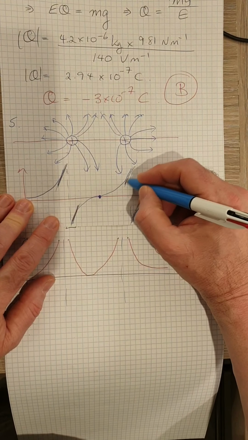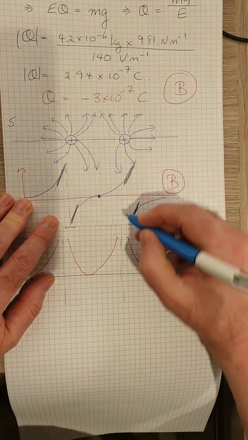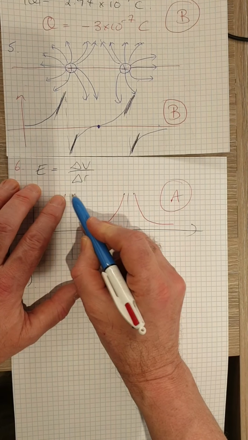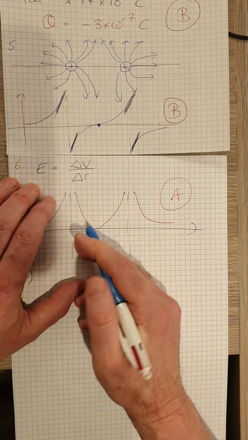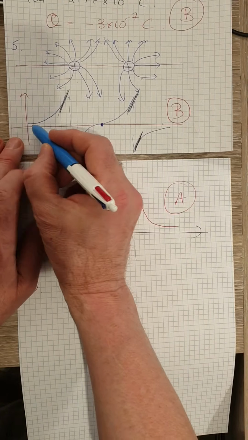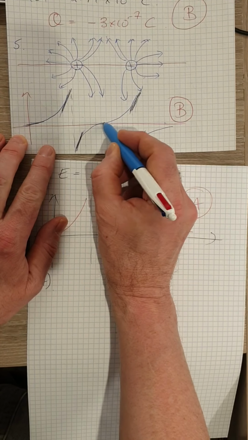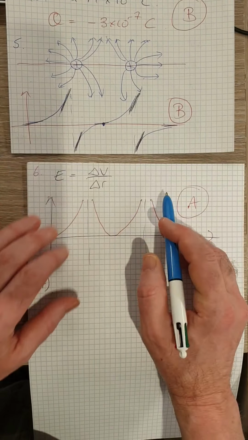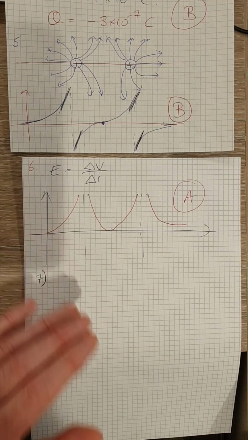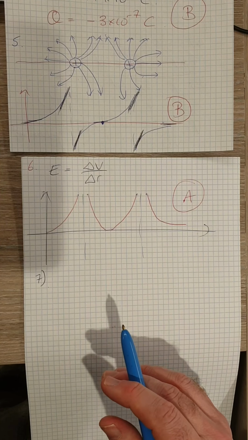Same here, positive and large. Same there, and same there. That allows me to define 4 points in my graph, and that's enough for me to identify which of the answers it is. We also see the gradient tends towards 0 at each of these points, so I'd expect it to look like this, which is answer A.